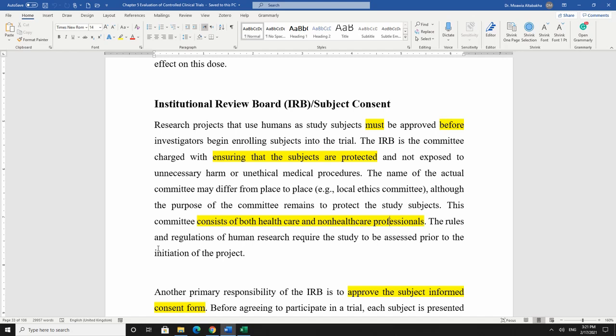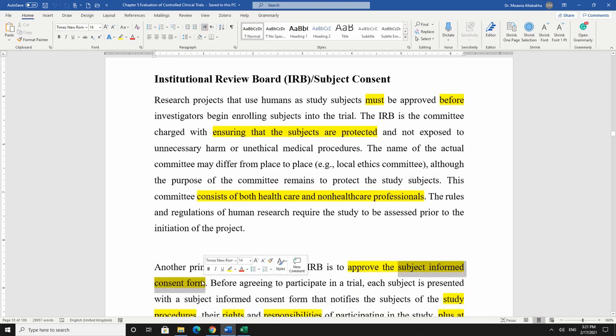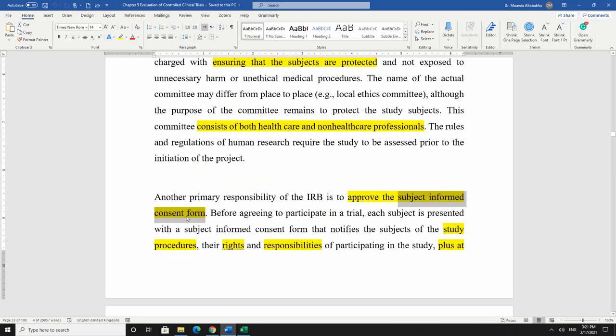And that's where you have what we call the subject informed consent form. Each subject that is recruited into the trial must sign this form to be recruited into the trial. If the subject does not sign, he will not be taken into the trial.